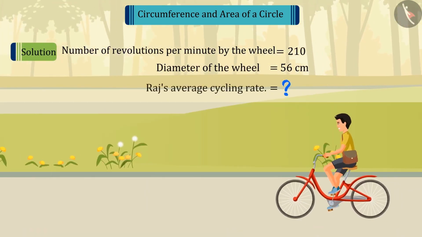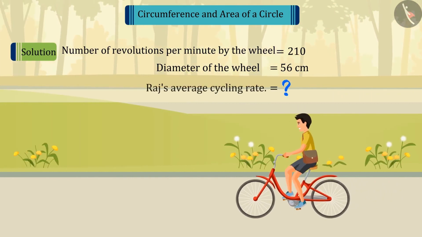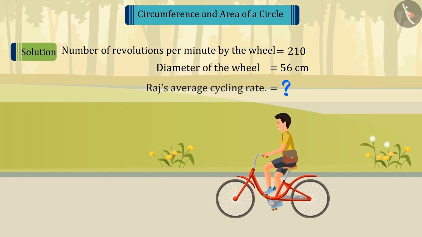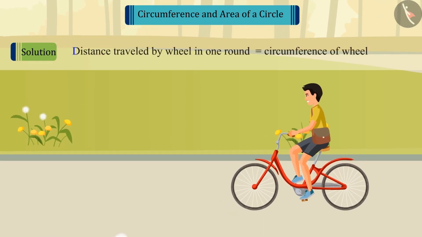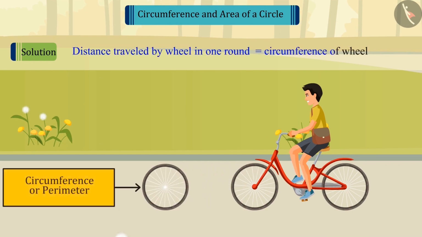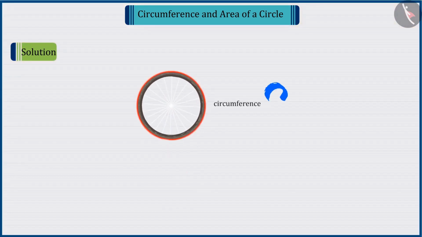We see that the speed with which Raj is cycling per hour is the distance traveled by the cycle in one round. Therefore, we can say that the distance traveled by a wheel in one round is equal to its circumference. But we do not know the value of its length, that is, its circumference.